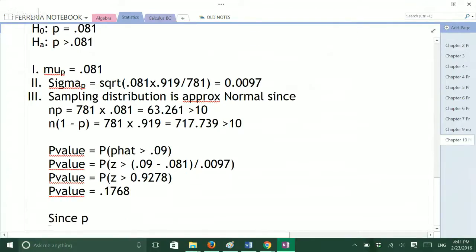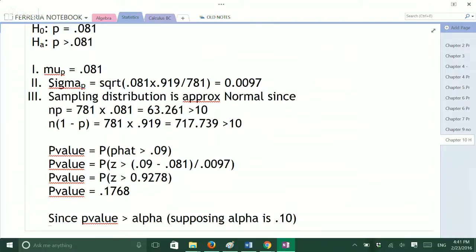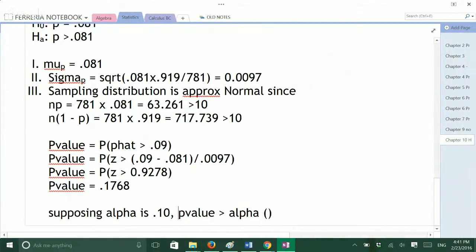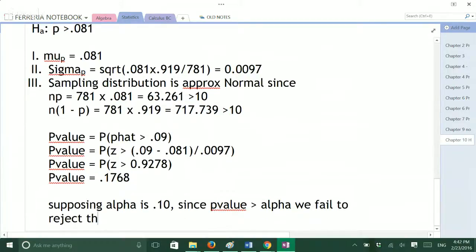Since the p-value is greater than alpha, supposing alpha is 0.10, maybe we should put that at the beginning, since our p-value is greater than alpha, we fail to reject the null hypothesis.